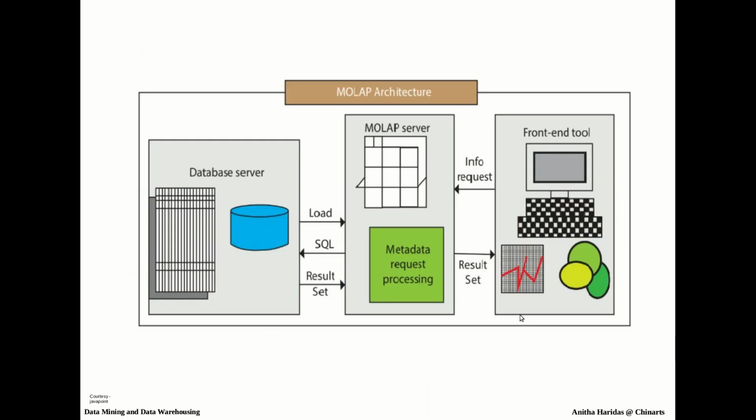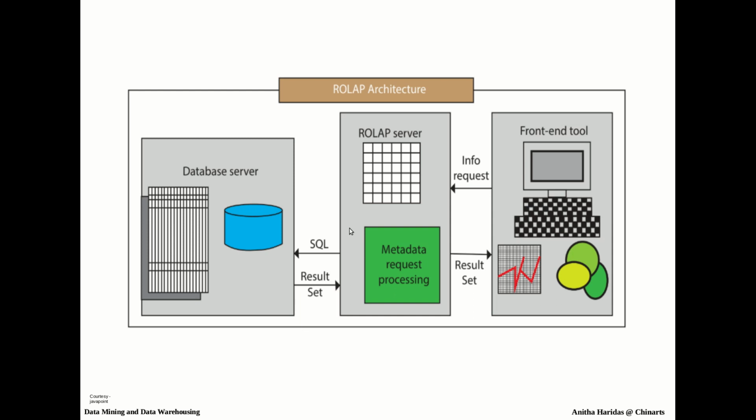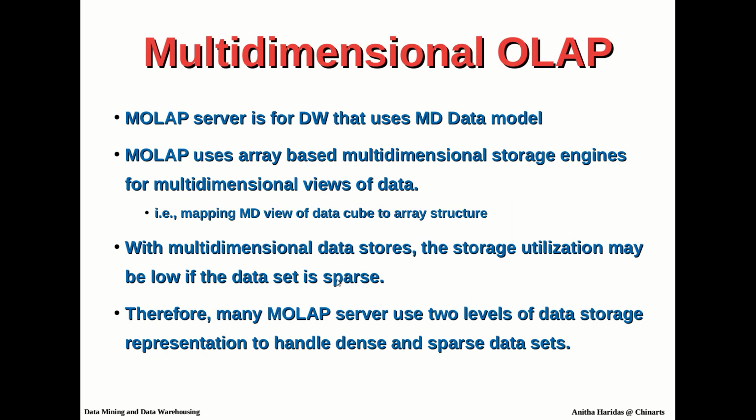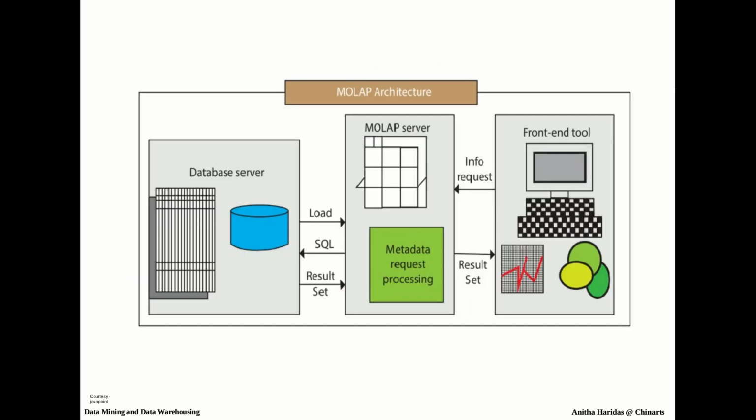So this is the architecture. The database server will be receiving the SQL and it will be loading the data. It will be loading the data as multi-dimensional data itself. So multi-dimensional data will be stored here. Whereas in the case of ROLAP, we place only the SQL and the result set will be given here without the multi-dimensional data being stored.